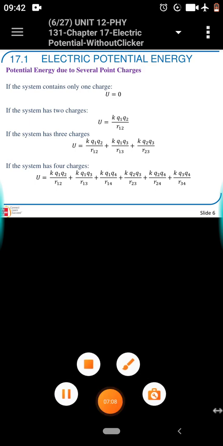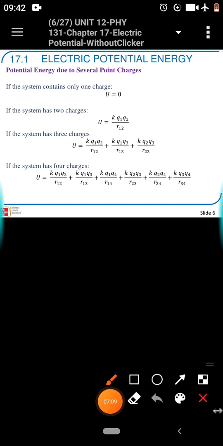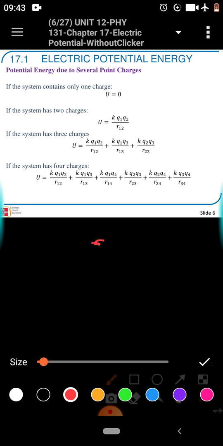how do we find out that indeed the potential energy of a single charge is zero? This is an assumption you make. Let's say I want to find the potential energy of this sphere.